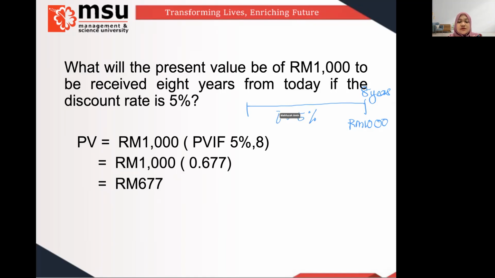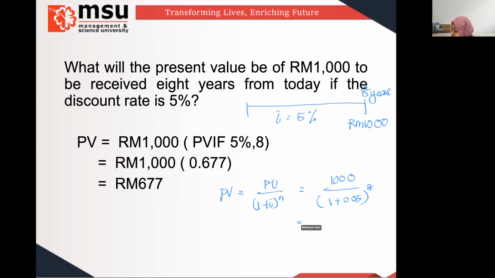So how to calculate this? Let us calculate using the formula first. It is future value divided by (1 plus i) to the power of n. Future value is 1,000. So 1,000 divided by (1 plus 0.05) to the power of 8.